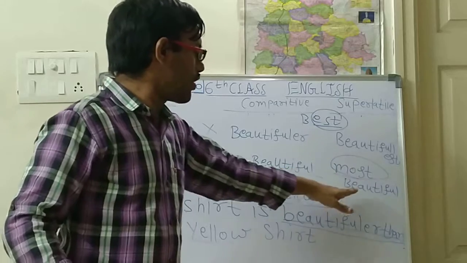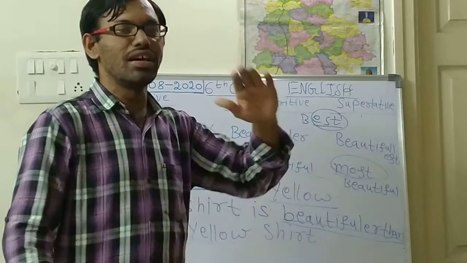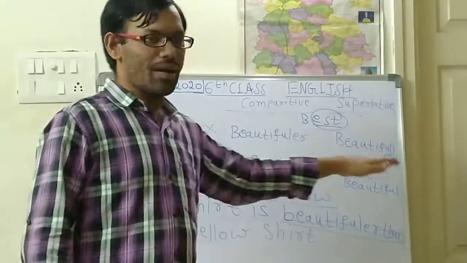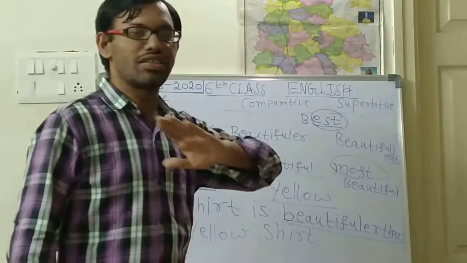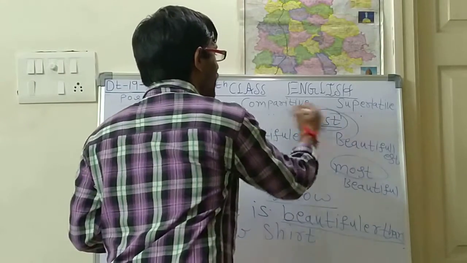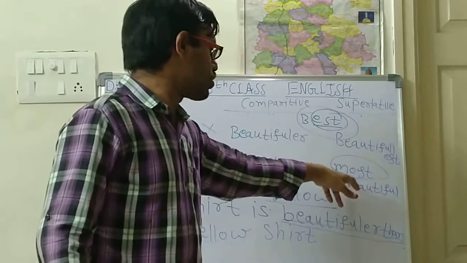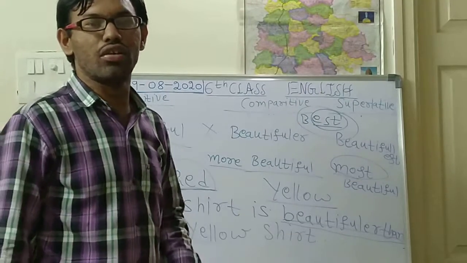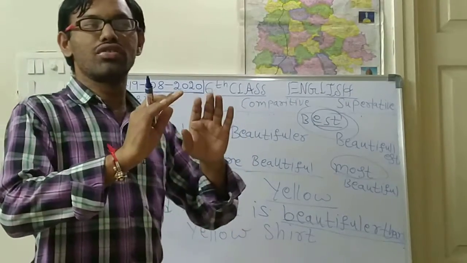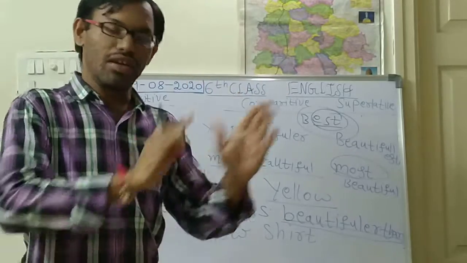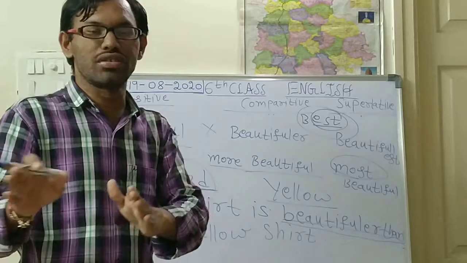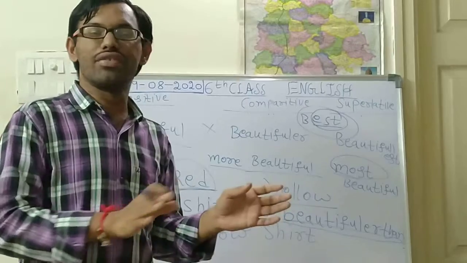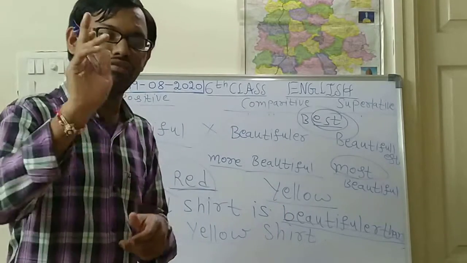So what if you say "beautifulest"? Of course previously it was there, but in the updated version of English, "beautifulest" is not there. They translated it to "the most beautiful person." So like that we will say. Suppose you saw 7 statues in any city or at any place, and out of the 7 statues you liked one statue.